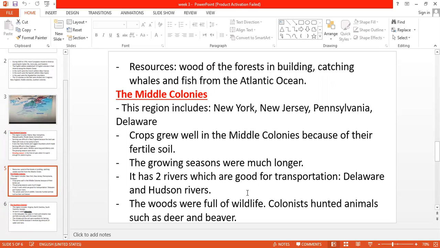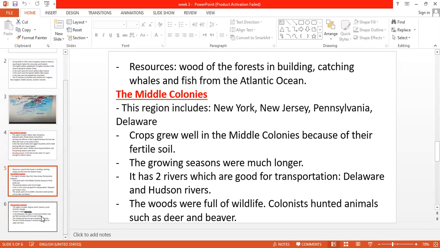Yes, the writer said that they also have some kinds of wood, so some of the colonists hunted some animals such as deer and beaver. But we speak mainly about growing plants. Yes, they could grow plants. Why? Because the growing season is longer.